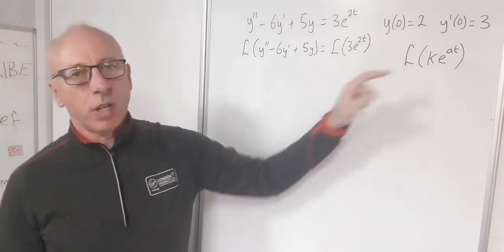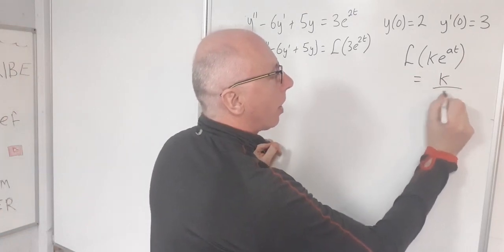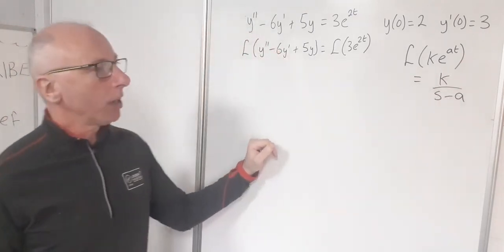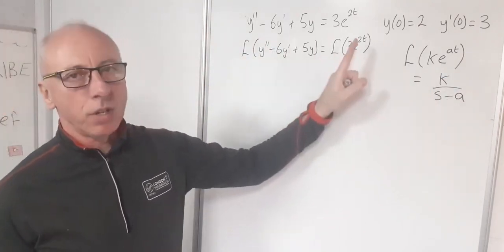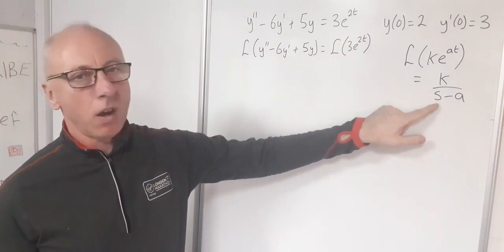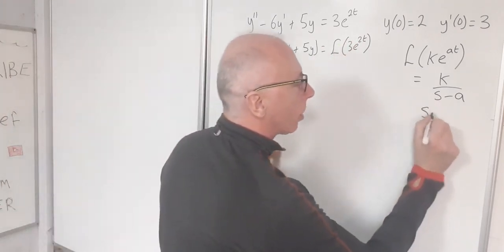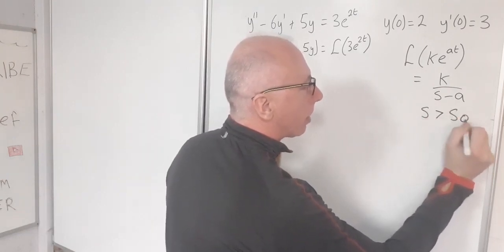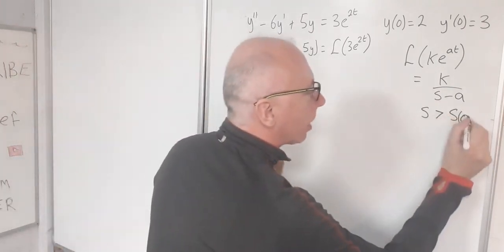Now the Laplace transform of that is going to give me k over s minus a, where s is our Laplace transform variable. Now for this Laplace transform technique to be valid, our s has to be greater than s0. So that's just one condition we've got here. So the value at s0. Okay, let's just put that in a bracket.